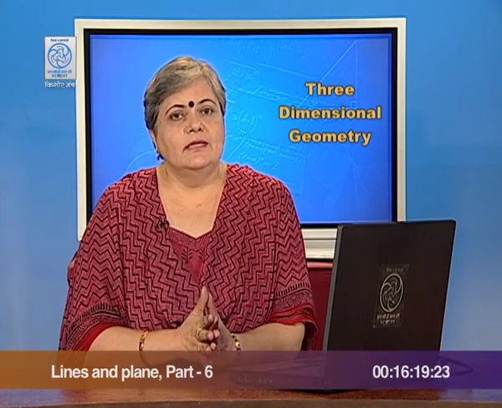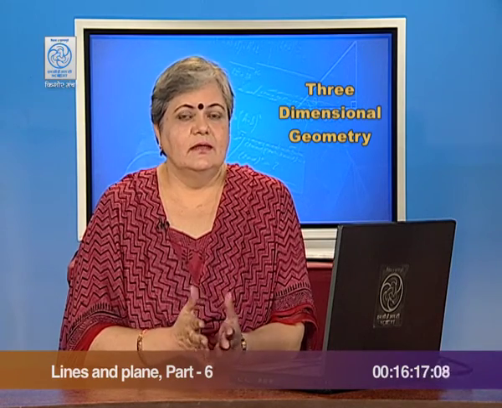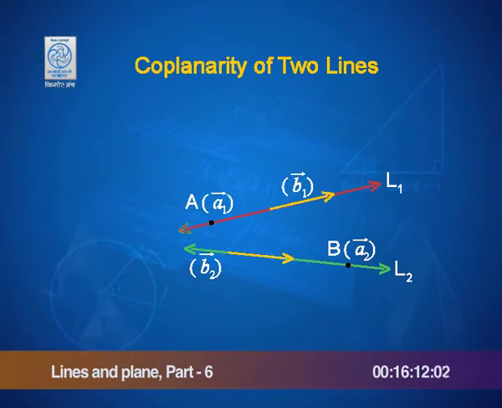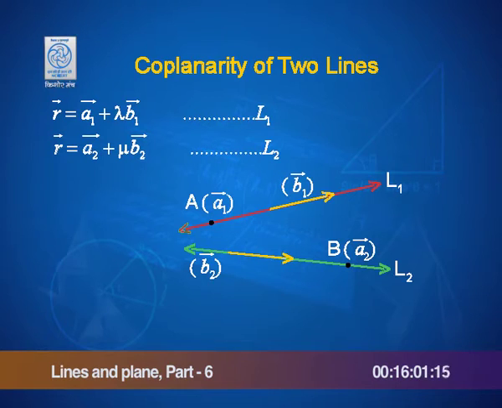Let us start with an understanding of two lines, equations given. What do we know about them? Suppose I have lines L1 and L2 given to us with their equations, vector r equals vector a1 plus lambda times vector b1, and L2 defined as vector r equals vector a2 plus mu times vector b2. If the equation of line L1 is given, what I know about that line is that it is passing through the point A with position vector a1 and is along the vector b1.